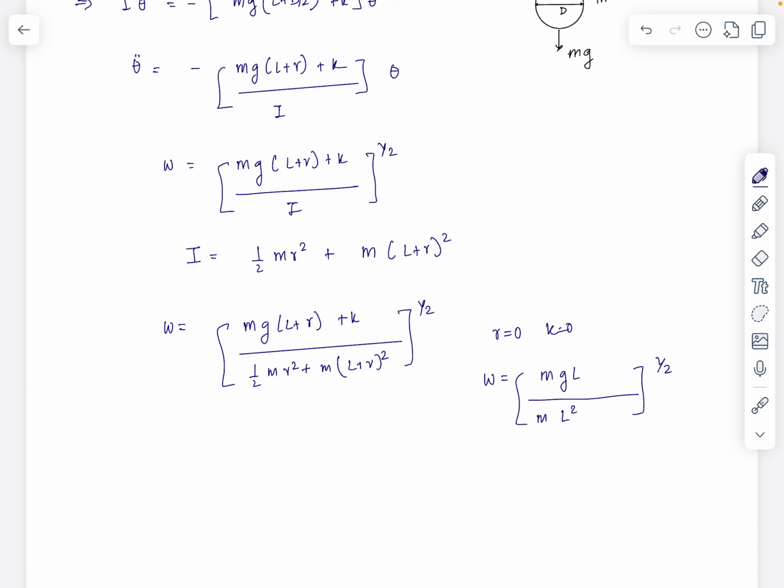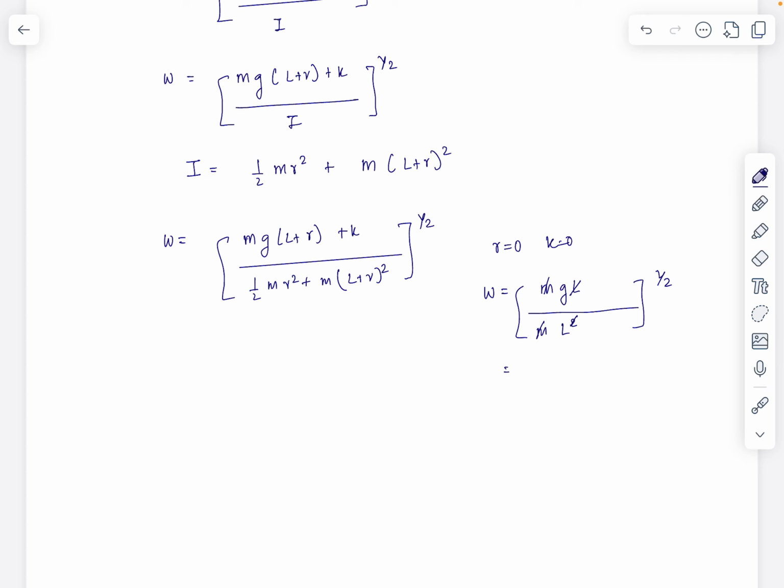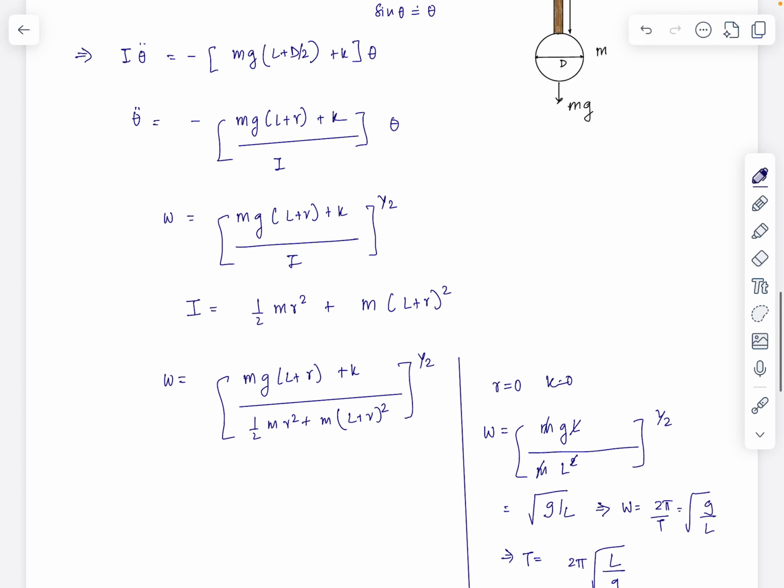One of the L's gets cancelled out, the m's get cancelled out, and we get the square root of g divided by L. This is nothing but omega equals 2 pi over T equals the square root of g over L. Therefore, the time period equals 2 pi times the square root of L divided by g, which is the time period of the pendulum, assuming that the pendulum bob has a very small radius, but it has a finite mass.